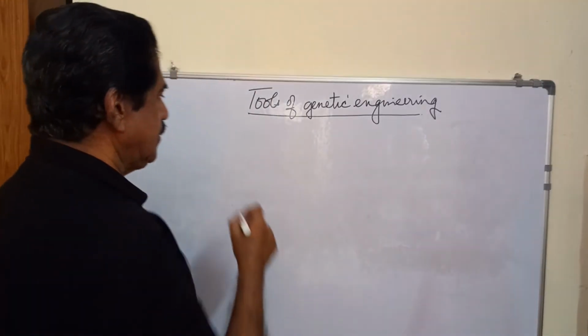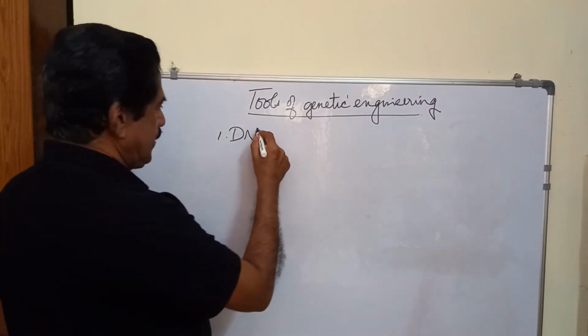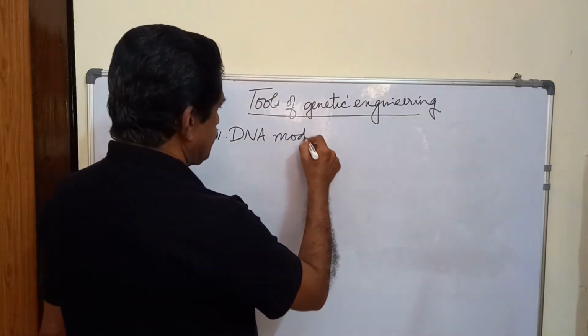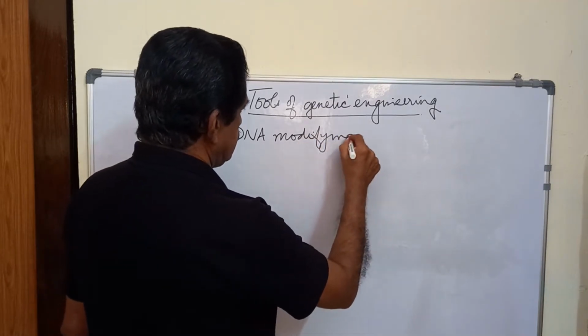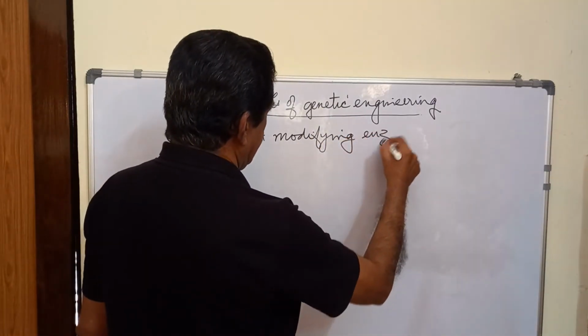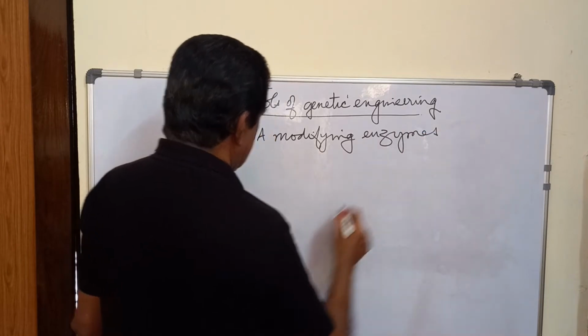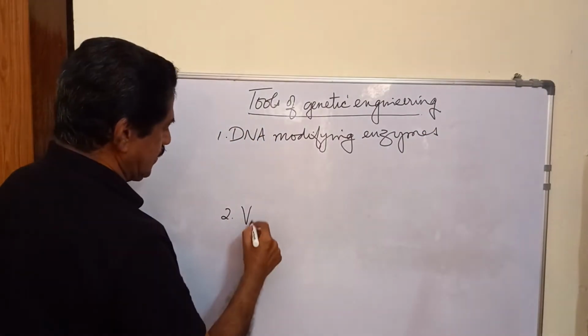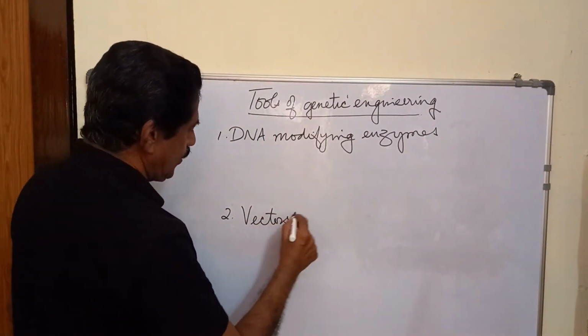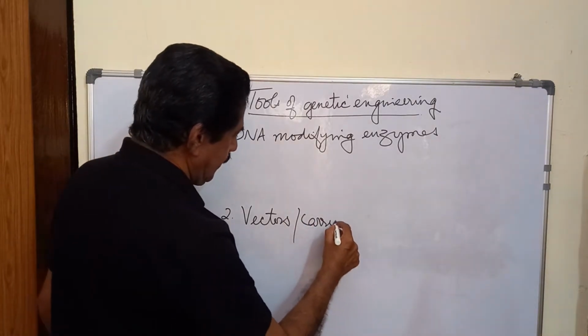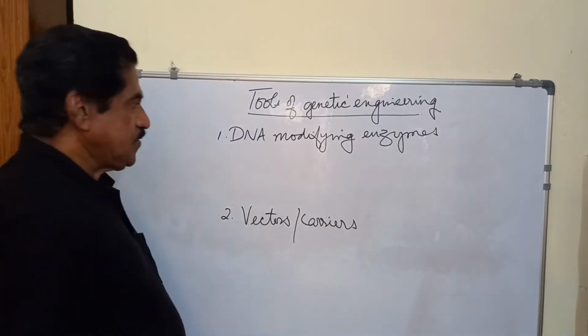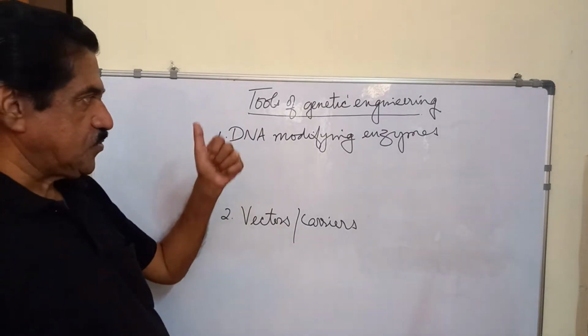One is DNA modifying enzymes. Second one is vectors or carriers. First, let us look at DNA modifying enzymes.